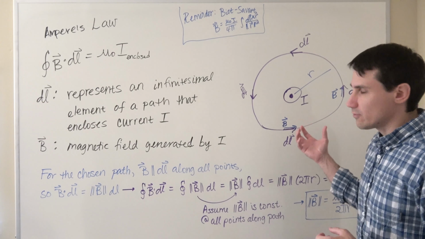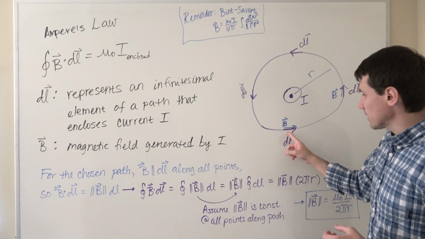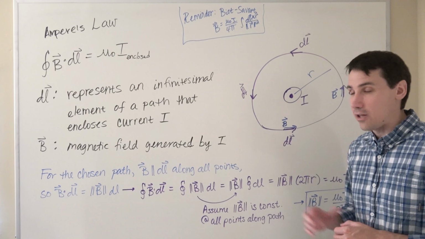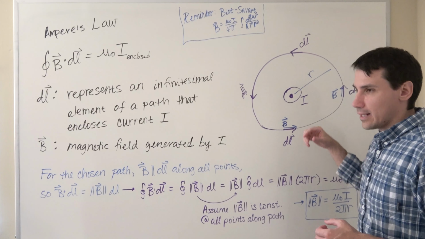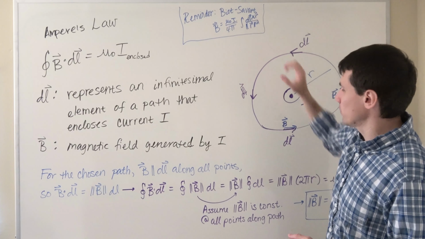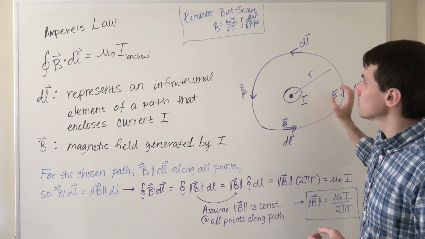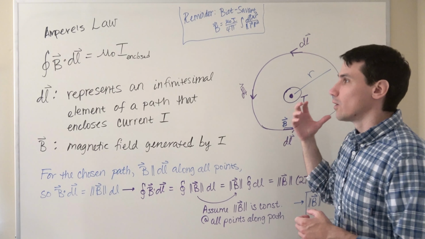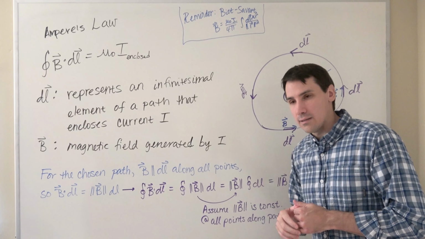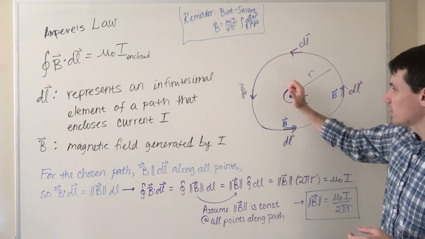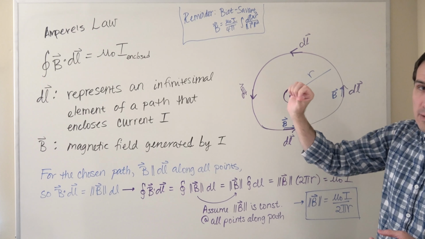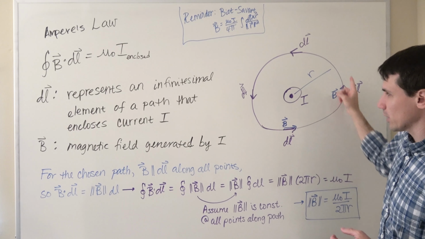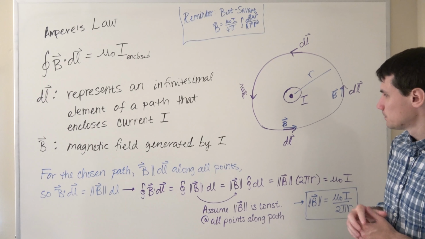Because I have chosen my loop well, the magnetic field is always parallel to my dl around the entire loop. And I used the Biot-Savart equation to figure out the direction of my magnetic field. We talked about this in a previous video, finding the direction of the magnetic field due to an infinitely long wire. And we learned the right-hand rule: the thumb points in the direction of the current and our right-hand fingers curl in the direction of the magnetic field circulation.